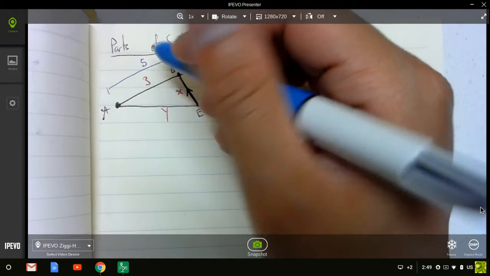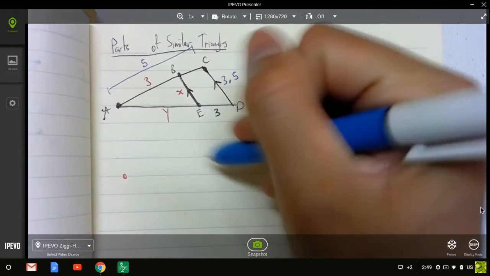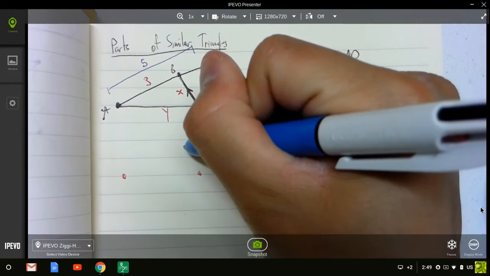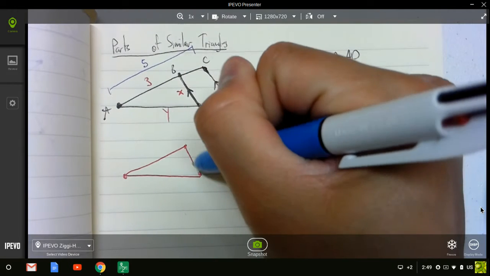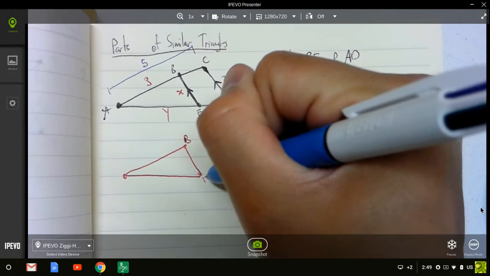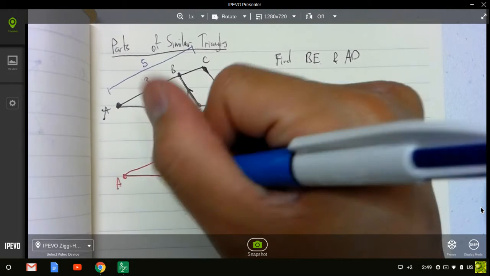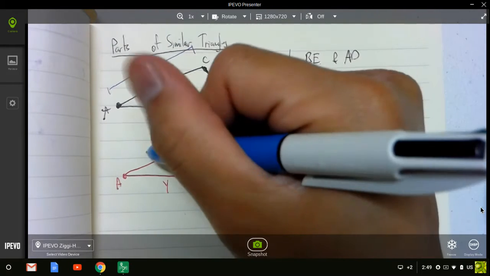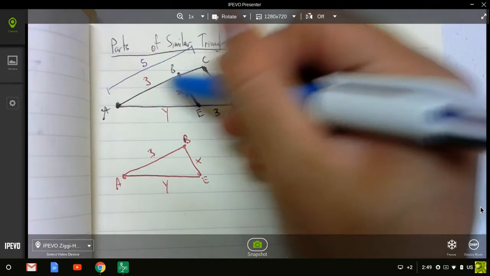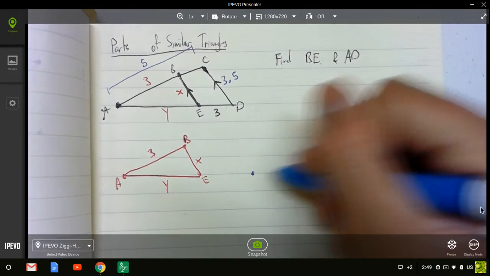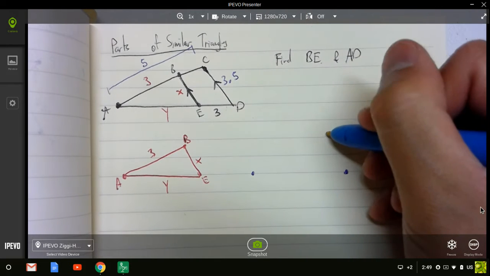So I have a triangle here from base A to E, kind of off-center B here. So we'll say that's B, E, and this is A, so that's going to be Y, this is going to be X, it's going to be 3. And the bigger triangle, I'm going to color code in blue, A to C to D. Same sort of setup, but it's just a little bit bigger.